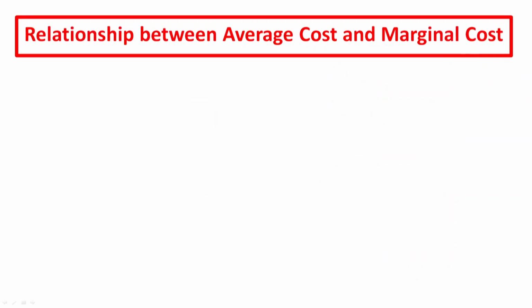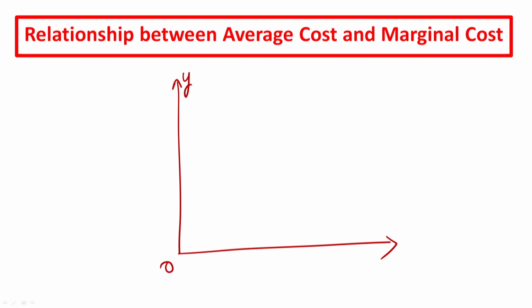The relationship between average and marginal cost is very important. This can be explained with the help of a diagram. Y, 0, X, this is the cost, that is average cost and marginal cost, and here you are showing the output.